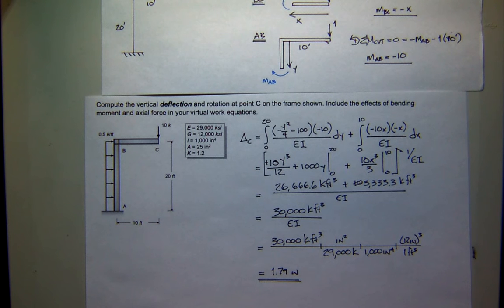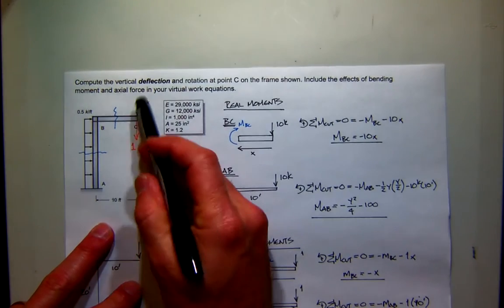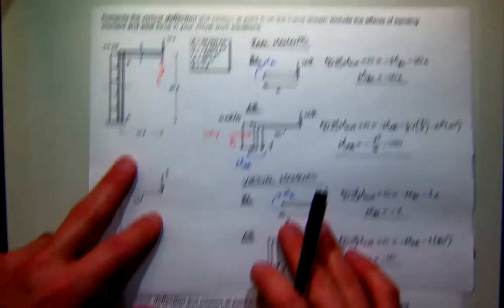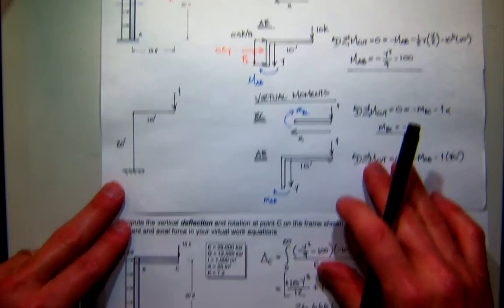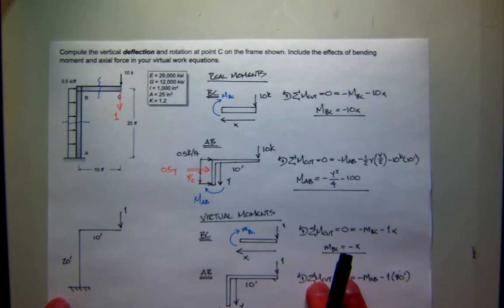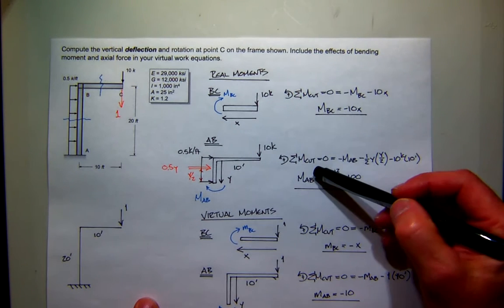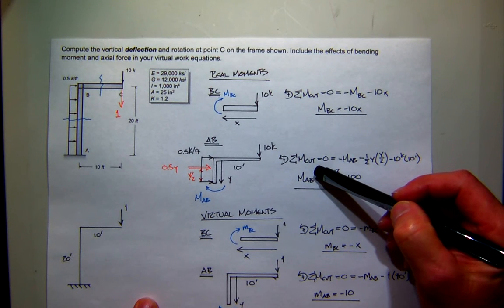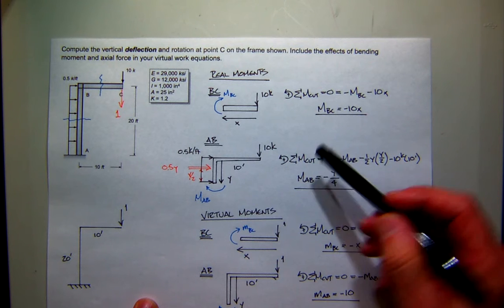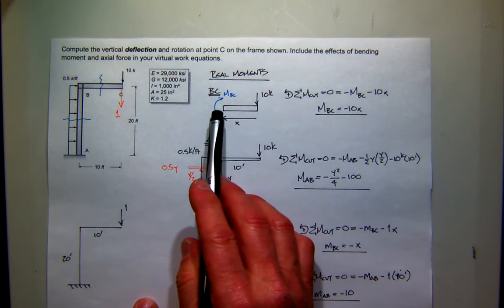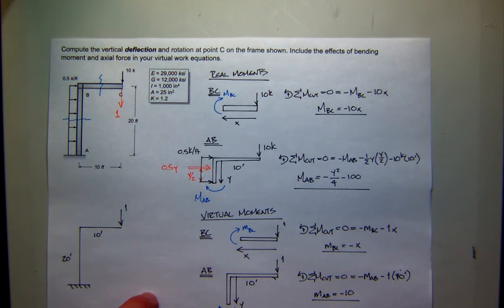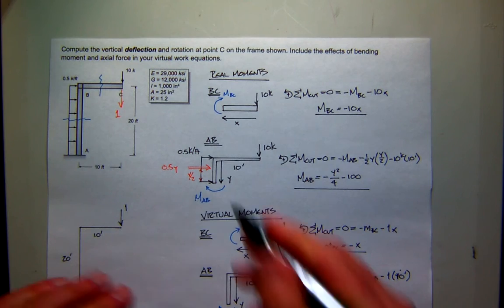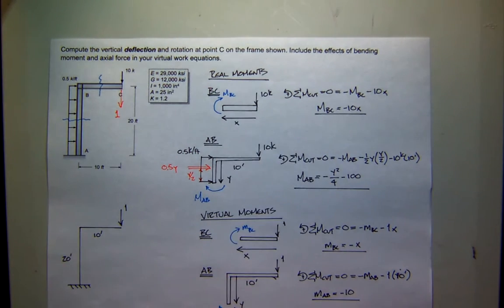Now, let's just talk for a second about, remember the original problem said include axial force. So what would we have to do? We would have to go back to our free body diagrams and add what? Axial force. So let's look at BC. So imagine an axial force here. In fact, just to help you with that a little more, I'll actually draw it in.